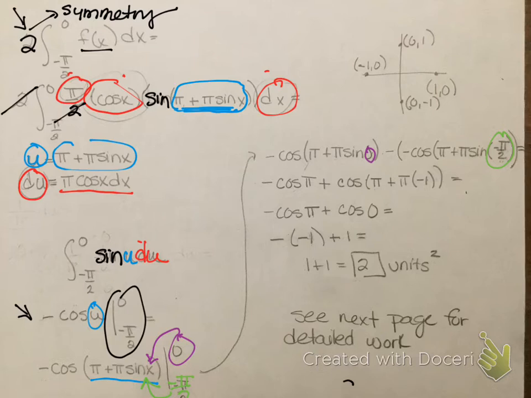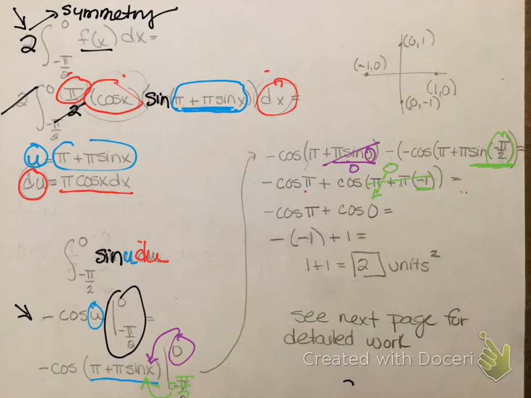Now, sine of 0 is 0, so that's pi plus 0 is just pi. Over here, sine of negative pi over 2, that's a negative 1. So negative pi and positive pi, that's 0.